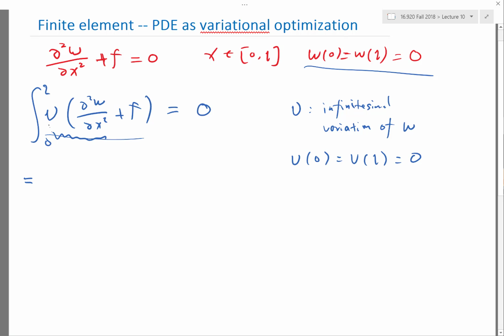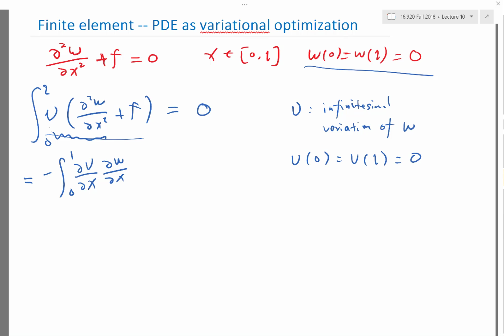Here we have the v multiplied with the derivative of dw/dx, right? The second order derivative is just simply the derivative of the first order derivative. So if we pull out a derivative, of course we have a minus sign. We pull out the derivative in w. Here, the second derivative becomes the first derivative. And the derivative that is lost on w is going to be applied on v. So this is basically integration by parts.